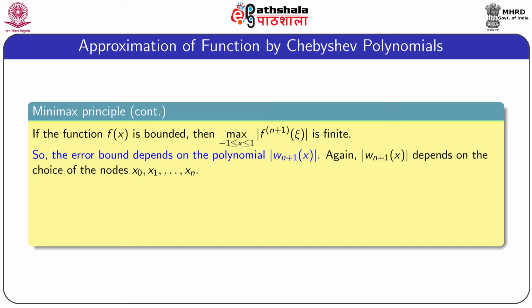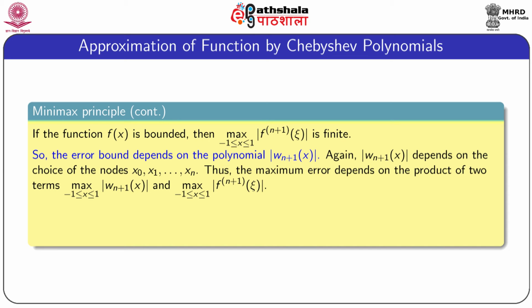Again, the absolute value of the polynomial W(n+1)(x) depends only on the choices of the nodes or arguments x0, x1 up to xn. Thus, the maximum error depends on the product of two terms. One is the maximum value of the absolute value of W(n+1)(x) and the other is the maximum value of the (n+1)th derivative of f at xi.